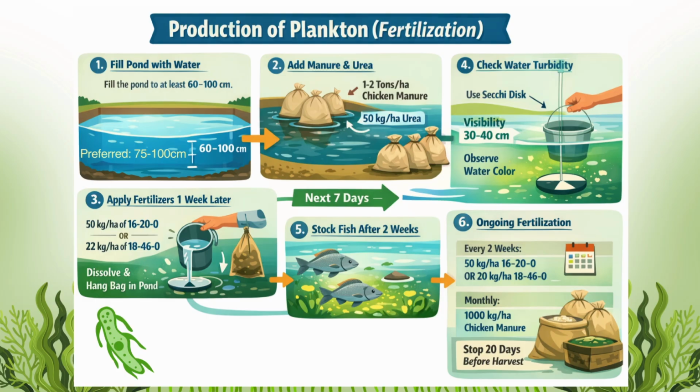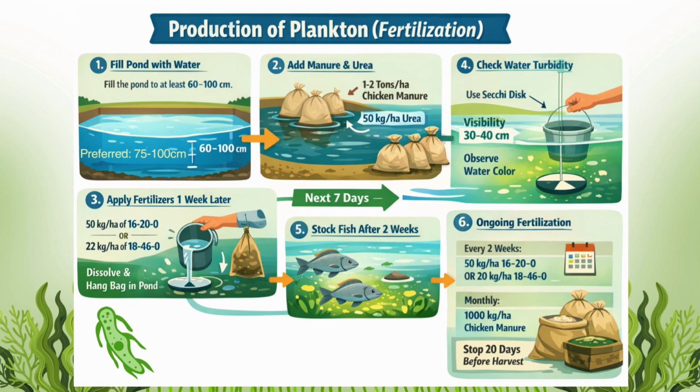Organic fertilization along with urea, which serves to hasten decomposition of manure, could also be done before addition of water into the pond. Then, apply ammonium phosphate at 50 kilograms per hectare or diammonium phosphate, which is 22 kilograms per hectare, 1 week after the first fertilizer application.